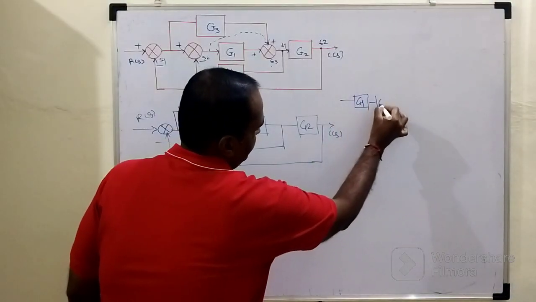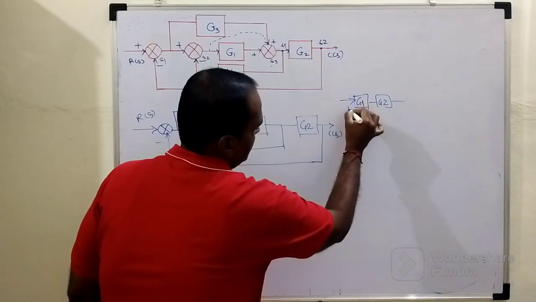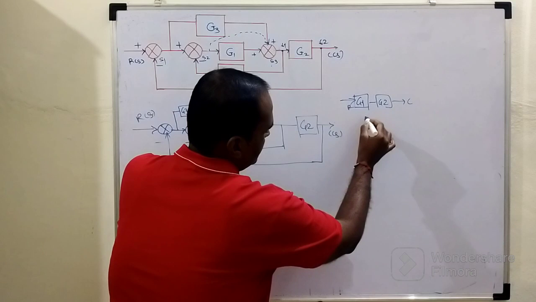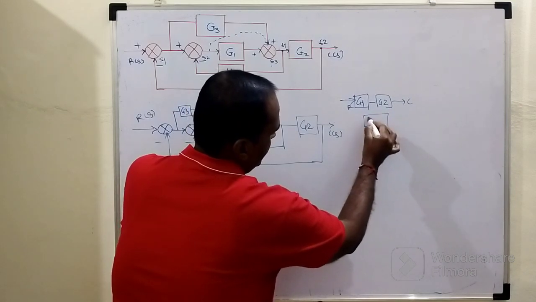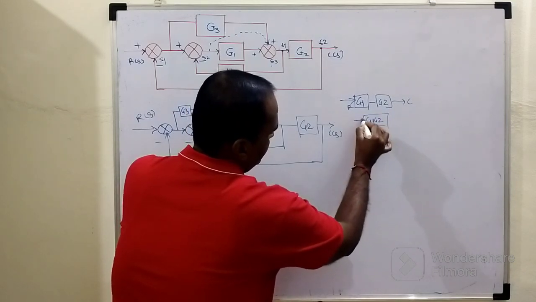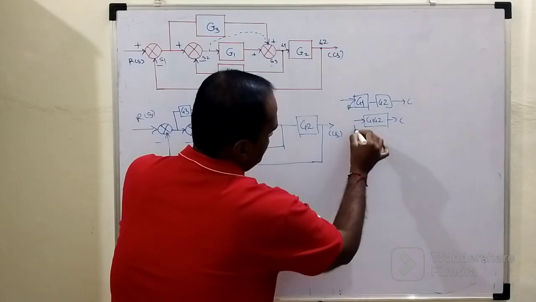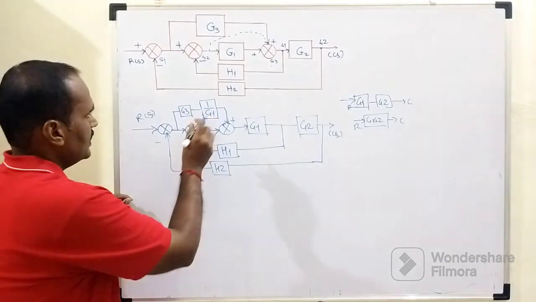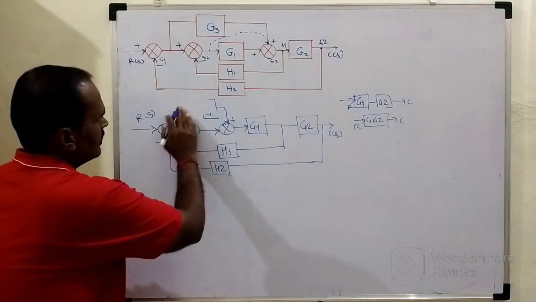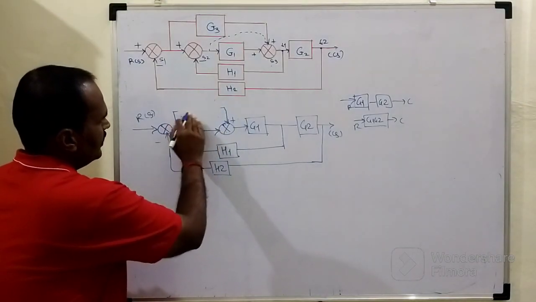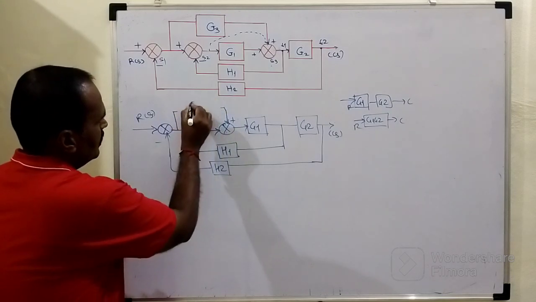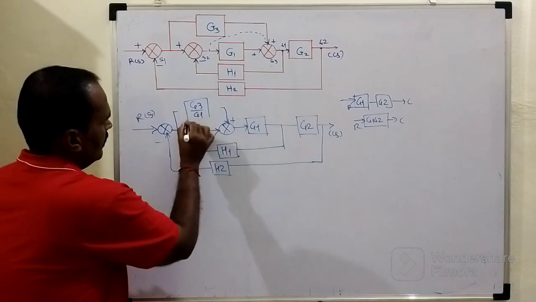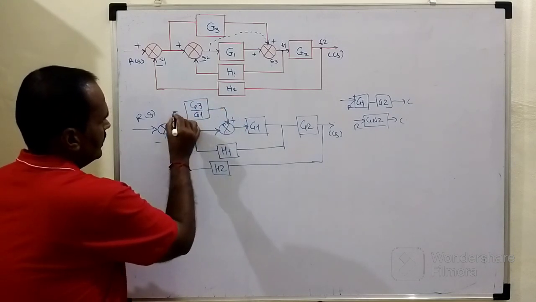Suppose this is G suffix 1 and this is G suffix 2, this is R and this is C. When we know that these blocks are connected in series, their gains are multiplied with each other: G1 into G suffix 2. This is R and this is C. So the same rule we need to use. As a result of multiplication, this gain will become G3 into 1 by G1. So obviously it will become G3 upon G1. Here I will write like this.